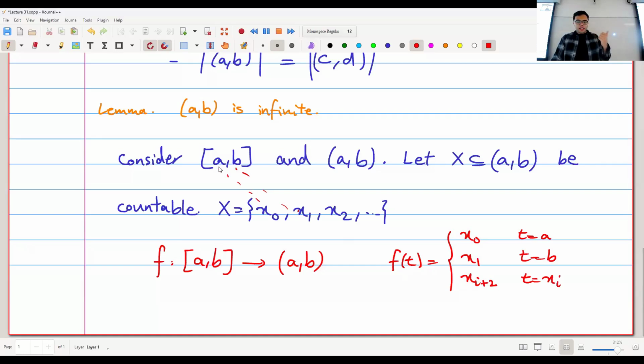So now I have mapped A to something, I have mapped B to something, I have mapped anything in X to something. Now I have the other elements that are not A, B, or in the set X. I'll map them to themselves. So t itself, otherwise. You can easily check that this is a one-to-one and onto function.